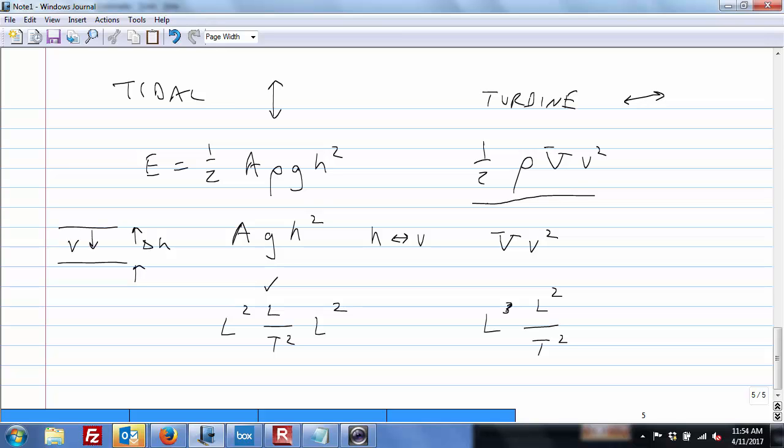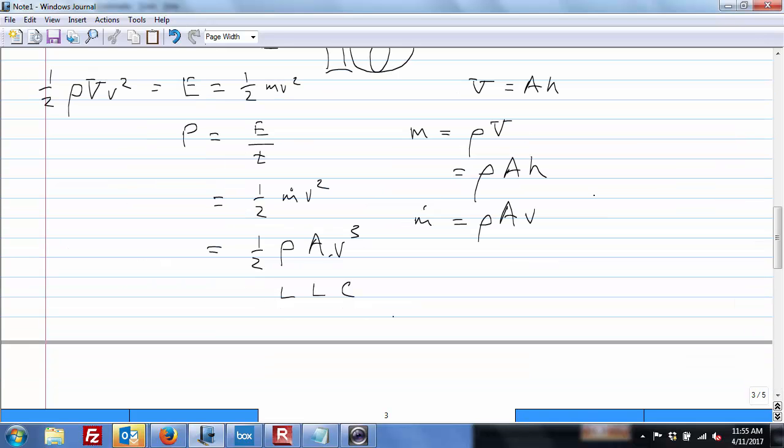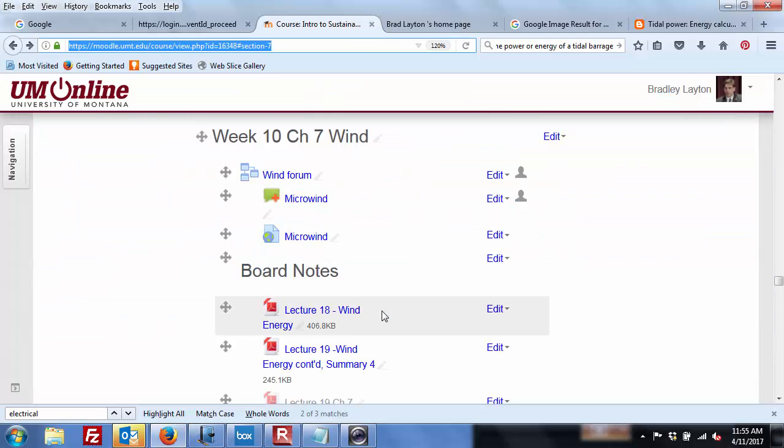We have covered that to some extent already. The power, I think we're in good shape there. And again, that comes back to this guy. Power is 1/2 rho A v cubed.